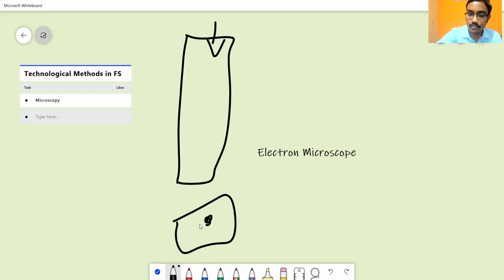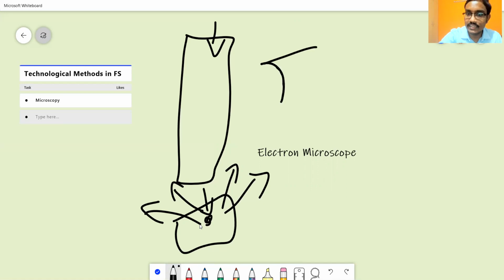And based on the beam of electrons that hits the sample and based on the sample's nature, there are multiple types of effects. These effects are understood and a system is able to identify what is happening.